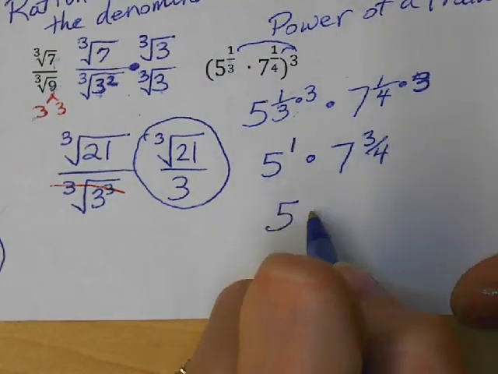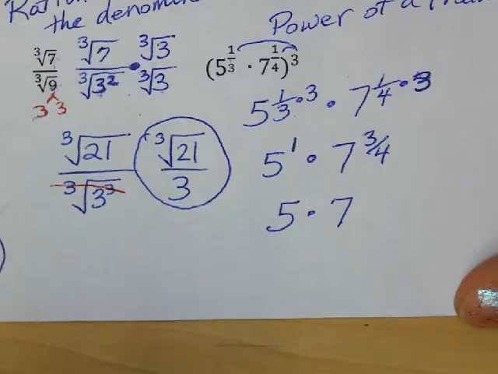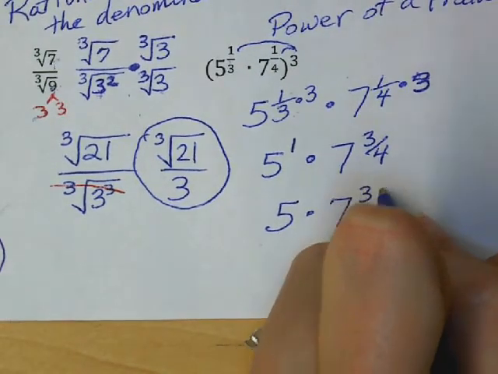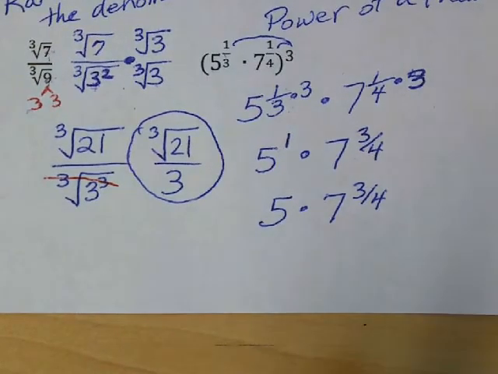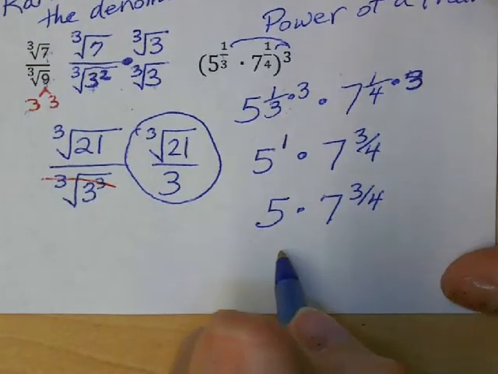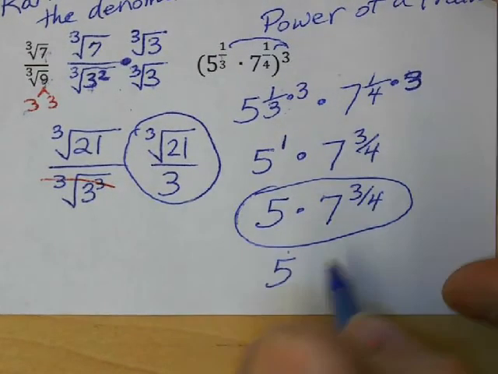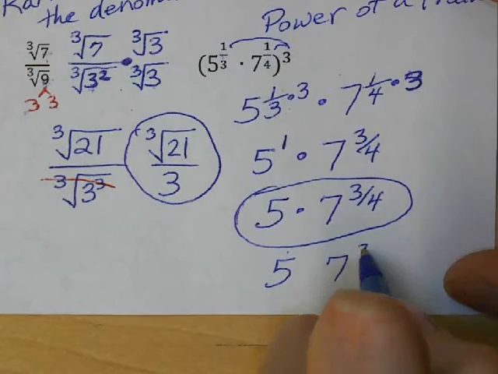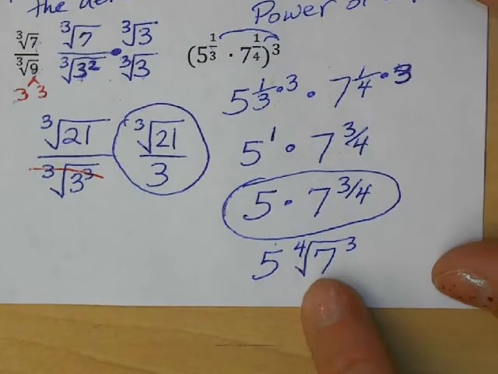So 5 times 7. 5 to the 1st is just 5, right? So 7 to the 3/4. That's how you have to leave that one. You can't really do anything else with that one. You could write it like that. That's an acceptable answer. Another acceptable answer, sometimes people do it this way, that we've talked about, you could write it as a radical, like in the box.